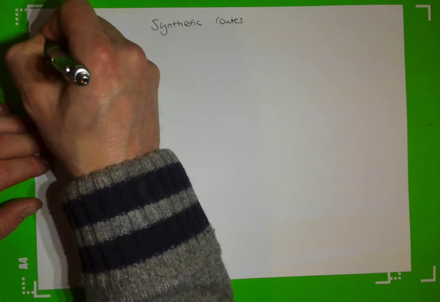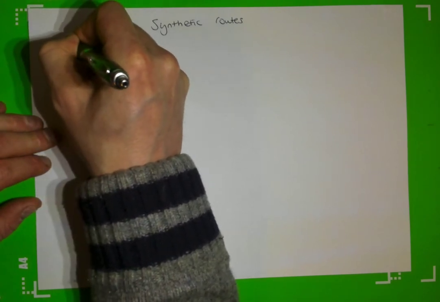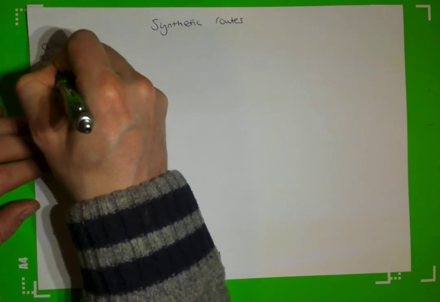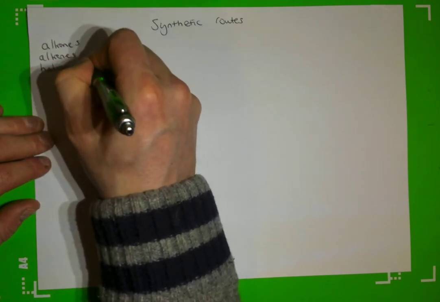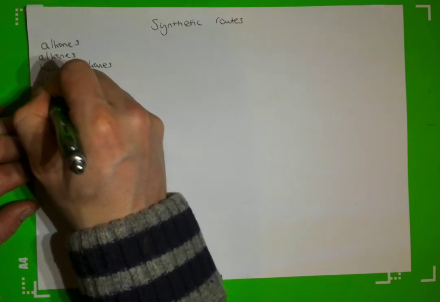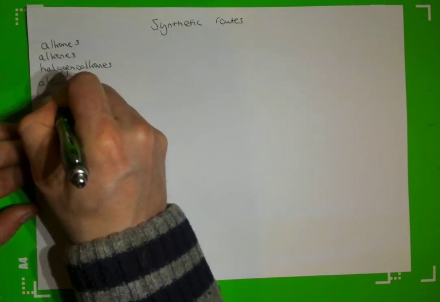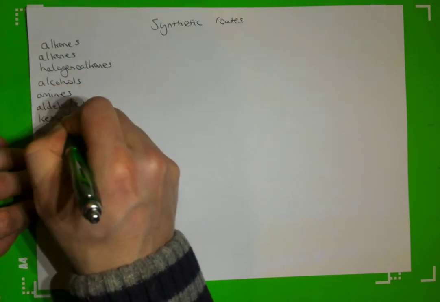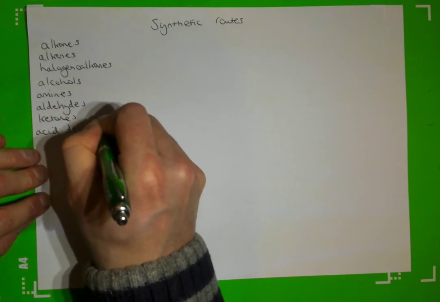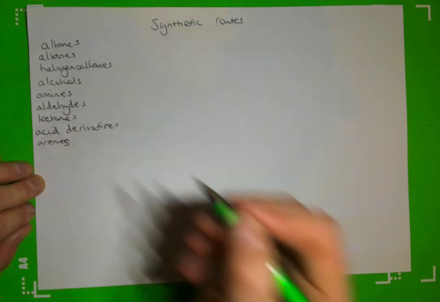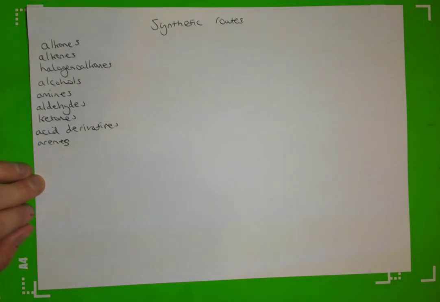So whether that be any of these, so if you don't know all of your reactions, that's all of your agents and conditions and all of your mechanisms, then don't start this section.